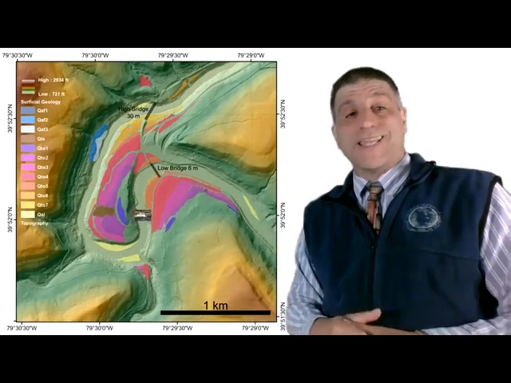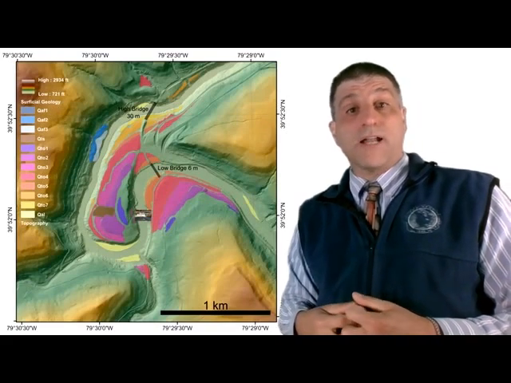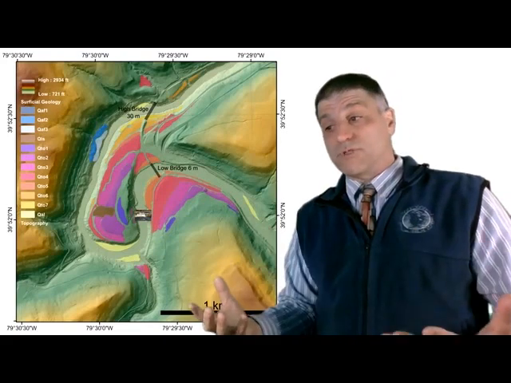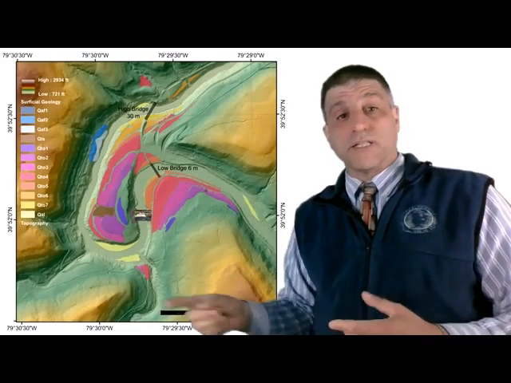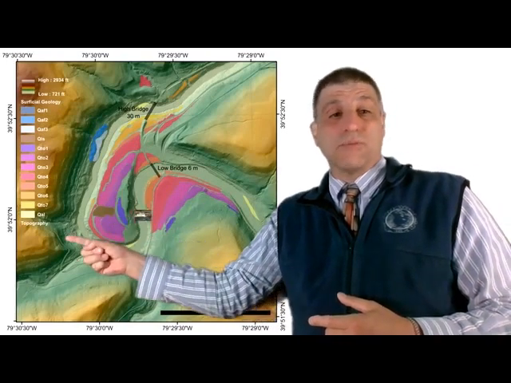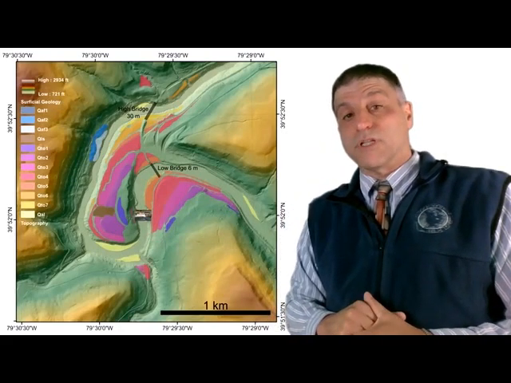And that simply would not be the case if Ferncliff was not a long-lived feature in this landscape. If it's something that was created recently by a breach right here, I don't think we would be seeing all of these terraces, because Cucumber Run and Meadow Run are not carrying the sediment that is possible to make these terraces, particularly on the west side of the Ferncliff Peninsula.